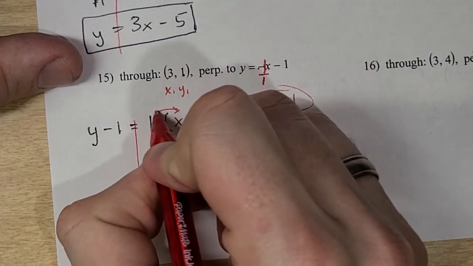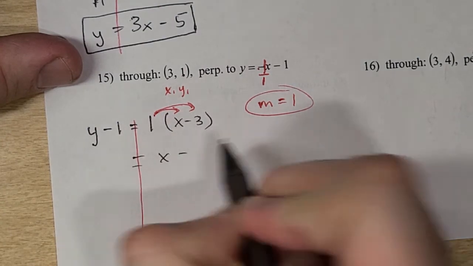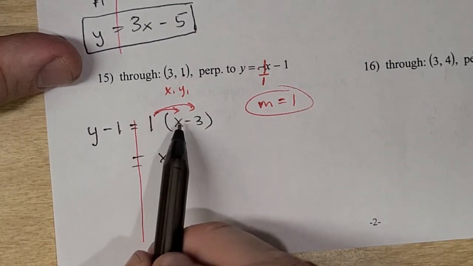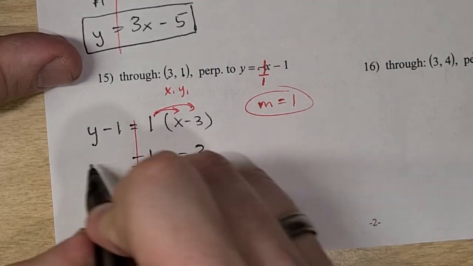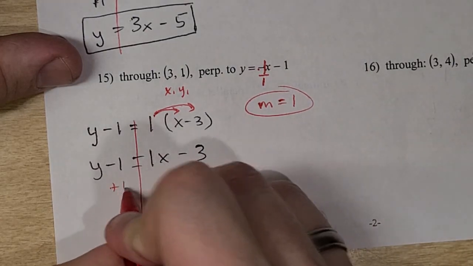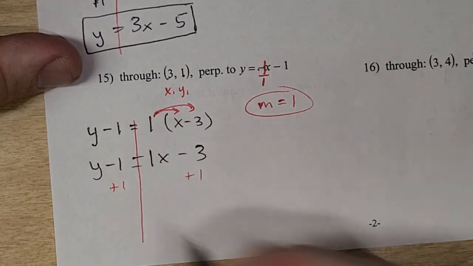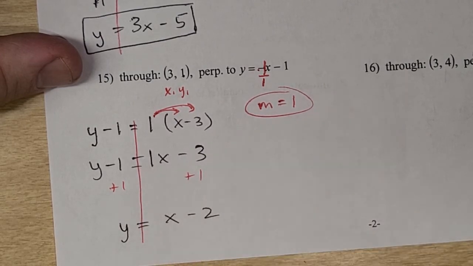All right, we're going to distribute this 1 again, just like last time. I said that's kind of silly. If you want to write 1 times x is 1x, that's fine. 1 times a negative 3 is a negative 3. And then my last step here would be to add 1. And I get y equals x minus 2, because negative 3 plus 1 is a negative 2.